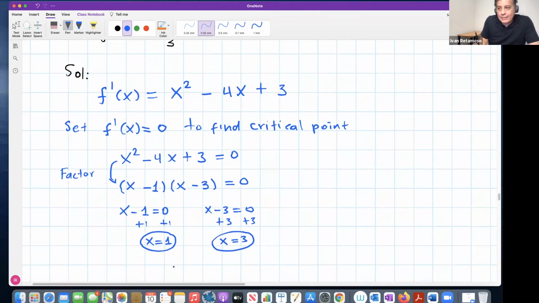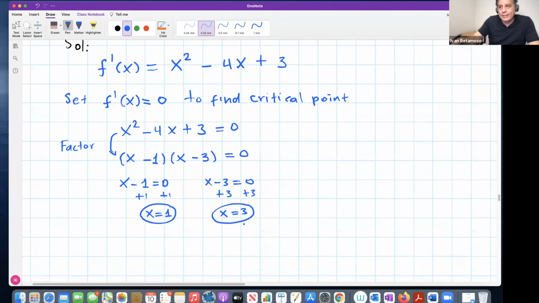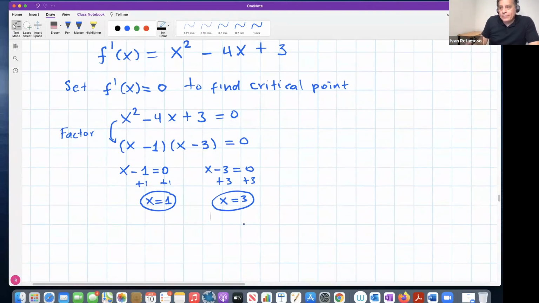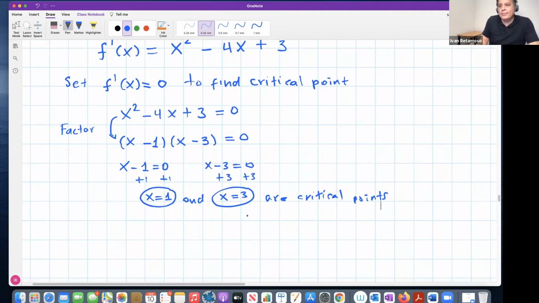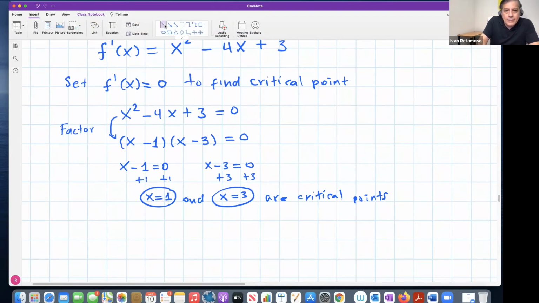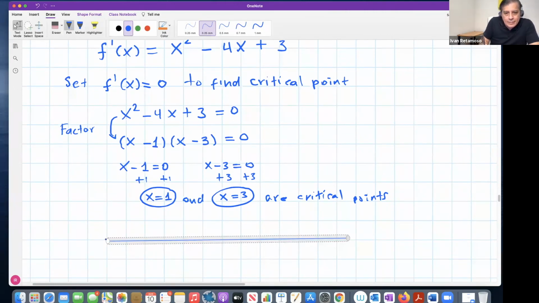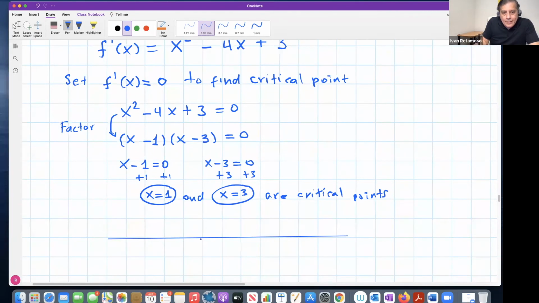That's it. All right, now the method says, once you find your critical points, the next step is to set these two critical points on the number line, okay? So you take a number line here and you set these points there.